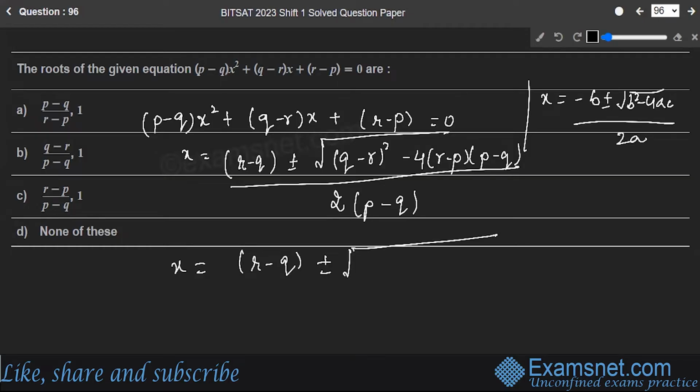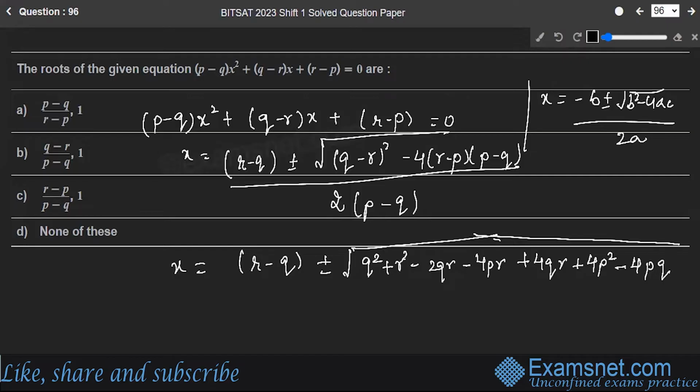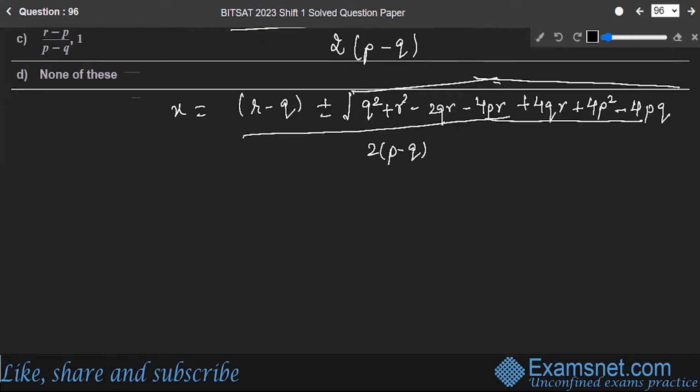On solving, this will give you Q square plus R square minus 2QR minus 4PR plus 4QR plus 4P square minus 4PQ, whole divided by 2 into (P minus Q).